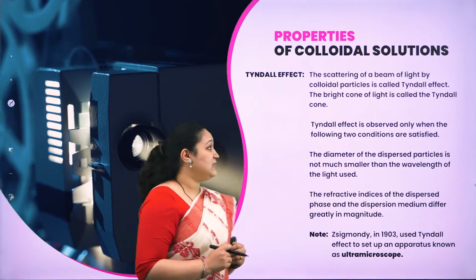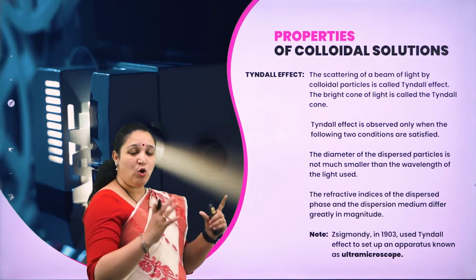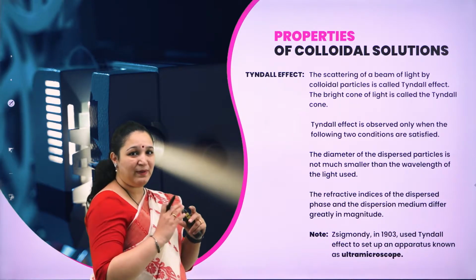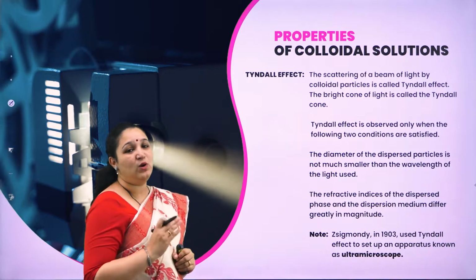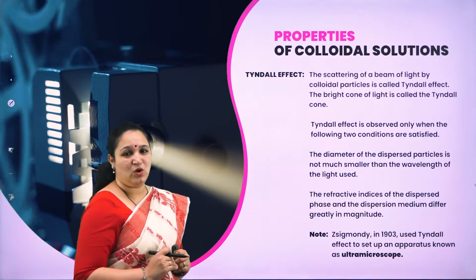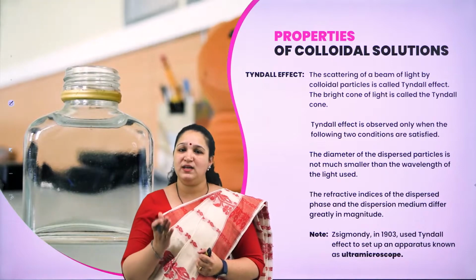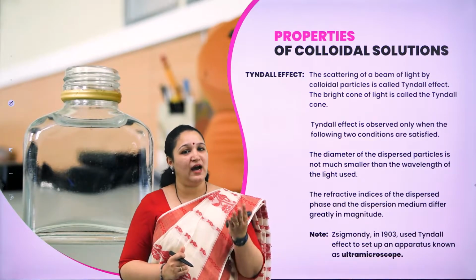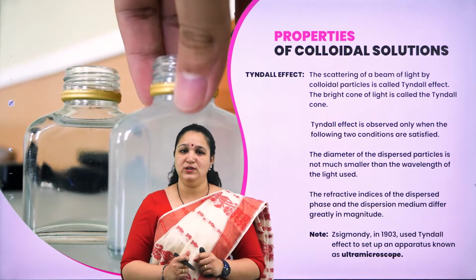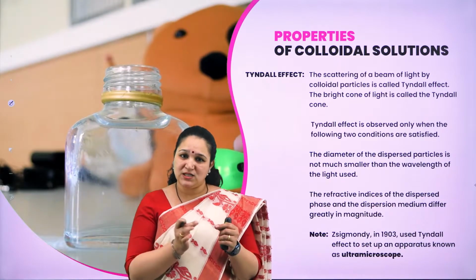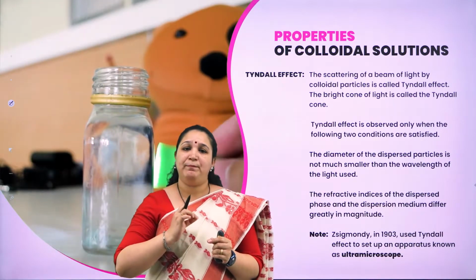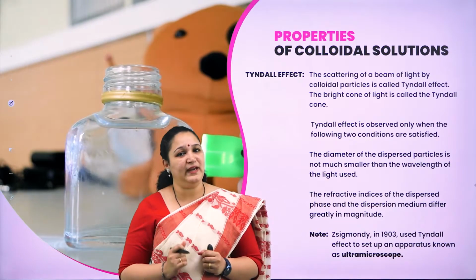And in this Tyndall effect, a bright cone is formed. The bright cone of light is formed, which is called as Tyndall cone. Now, if we have taken two solutions, one is true solution and the other one is colloidal solution. When light is passed through a true solution, the path of the light cannot be traced.